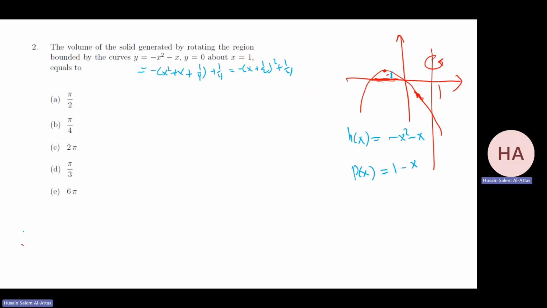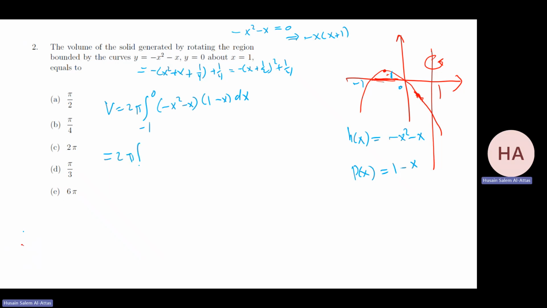So now we'll do the volume from where to where? That's the point of it. I have minus x squared minus x equals 0. Take minus x as the common factor, x plus 1. So we're talking about minus 1 and 0. So the volume will be 2 pi integral from minus 1 to 0 of the parabola times 1 minus x dx.